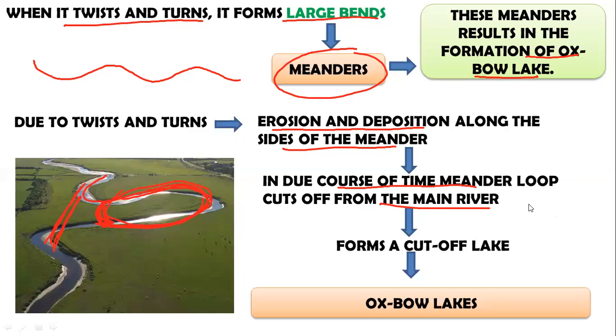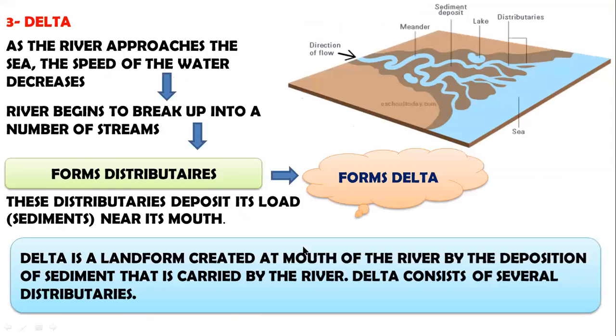Now our next landform is delta. See, as the river approaches towards the sea, the speed of river further decreases. Now it is at an old stage, so the speed of river is almost nil. So the speed of water also decreases as the river is approaching the sea. Now, due to this, river begins to break up into a number of streams and forms distributaries.